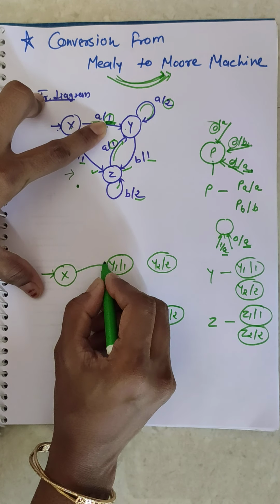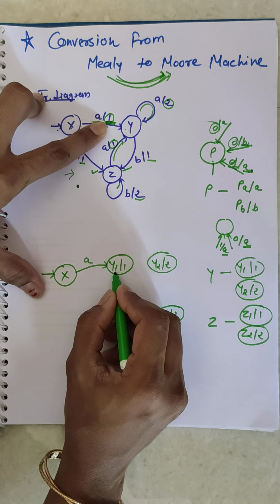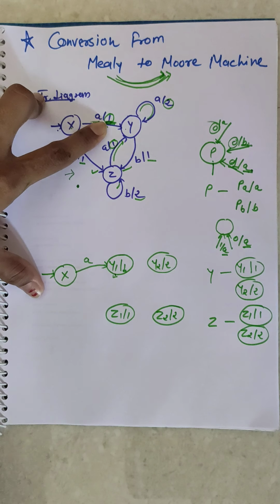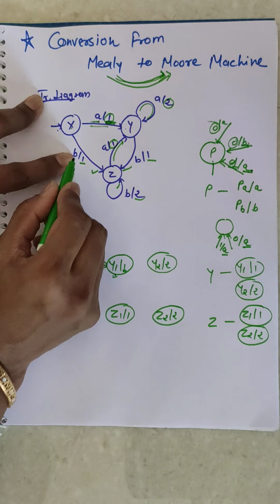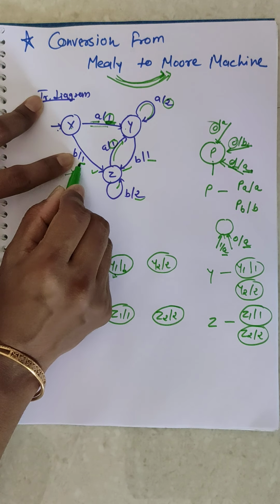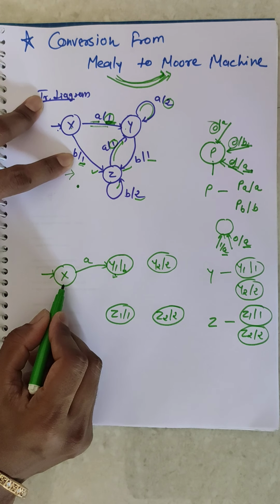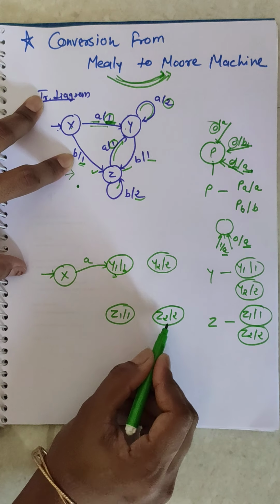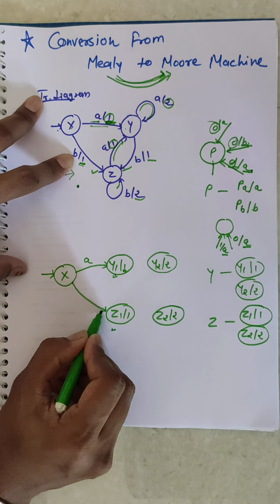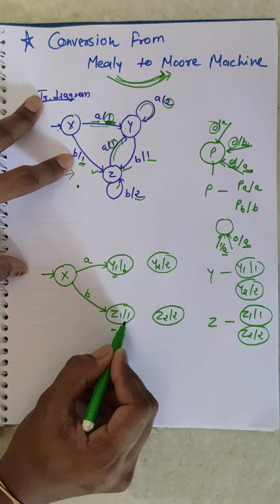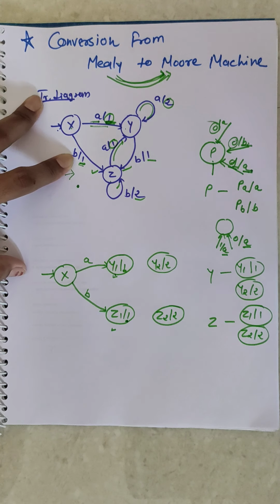So X to A to Y with output 1. Same way for this, X to B, we go to Z with output 1. So X to B to Z with output 1.